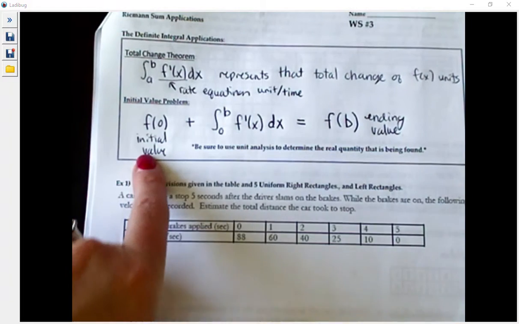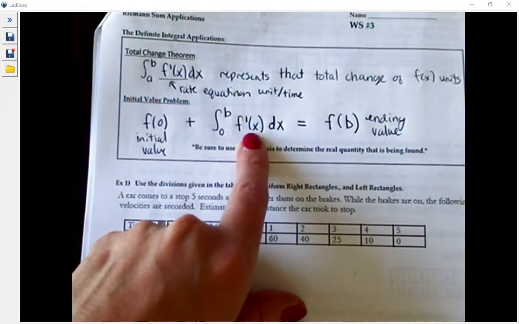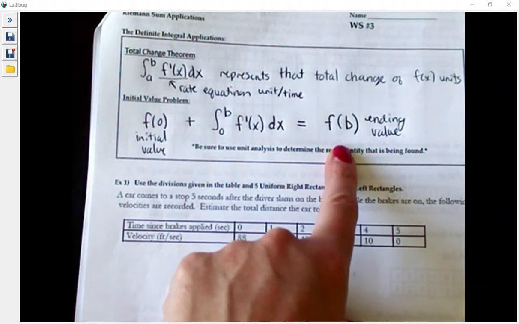The starting value plus the amount of change equals the ending value.